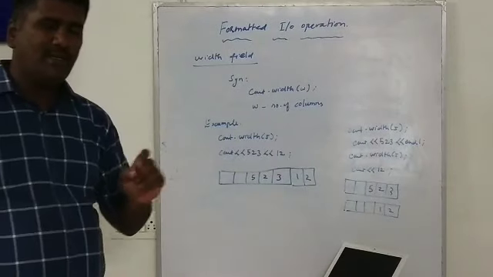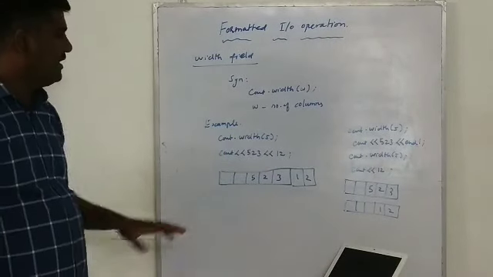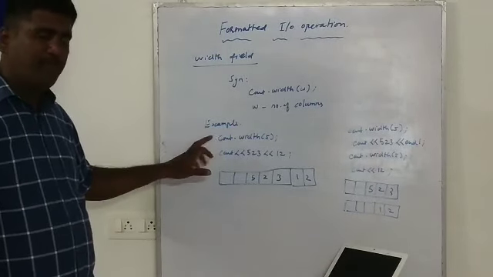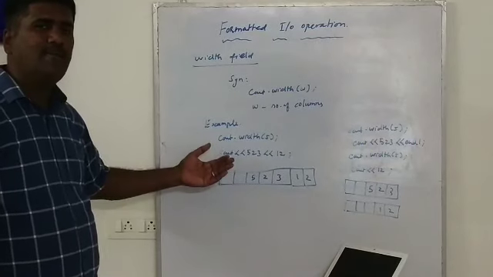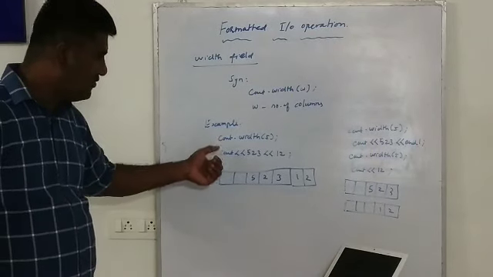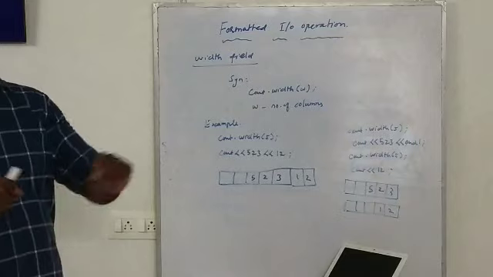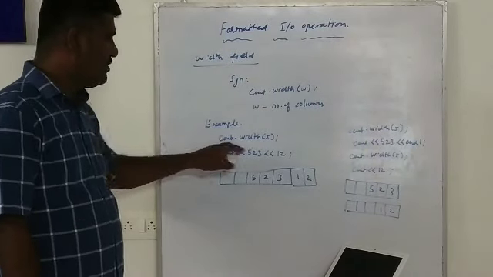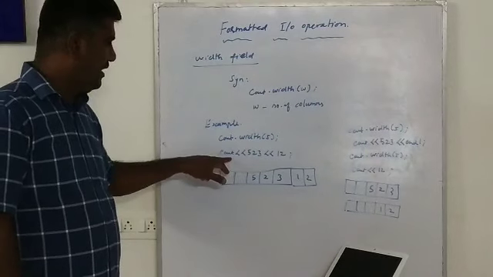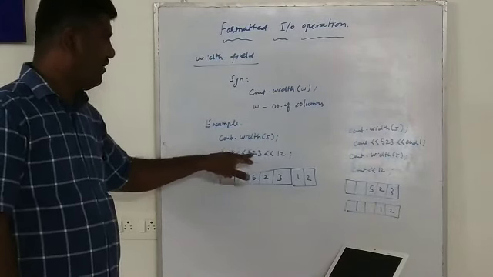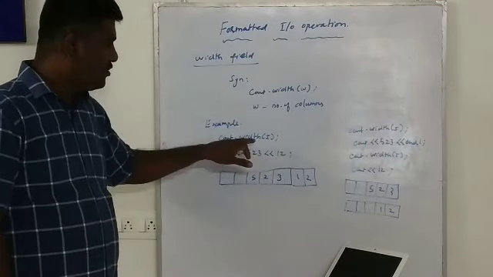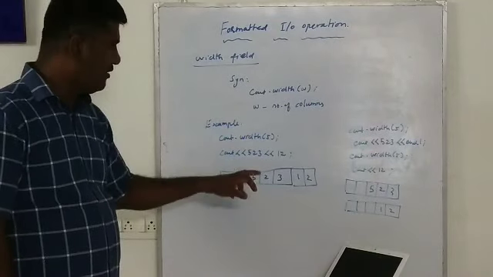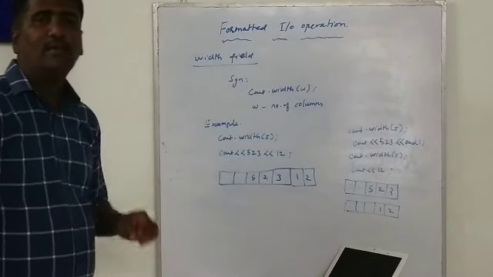So each and every time we should specify the width. Previously you mentioned that after you present the output. Here we are using cout dot width 5, then immediately cout 523 and 12. So the width 5 is only applicable for 523, not for 12.